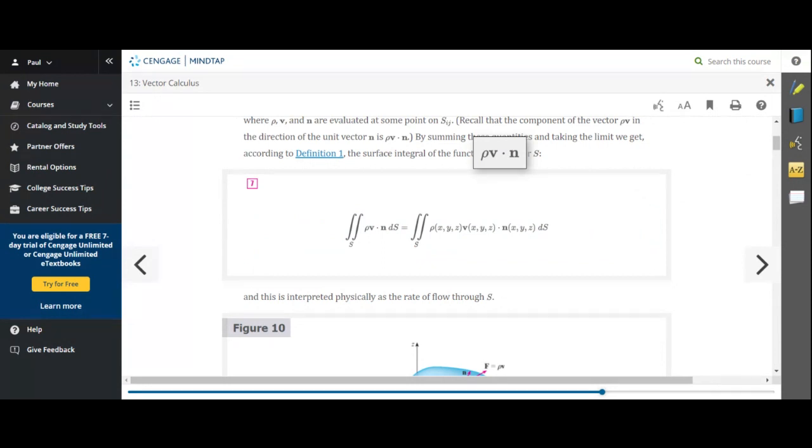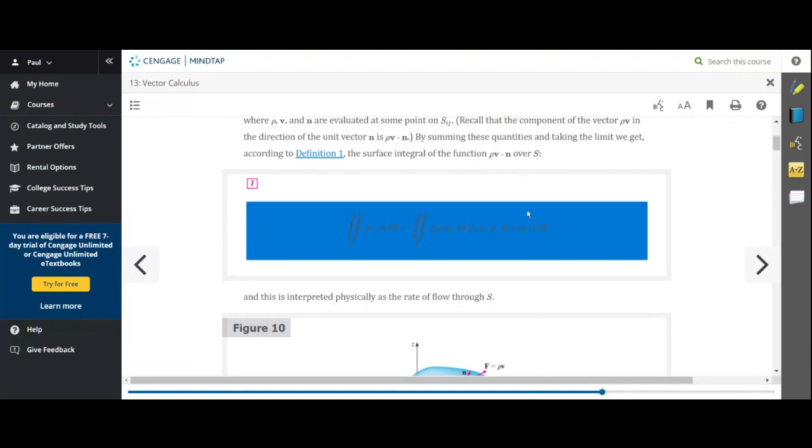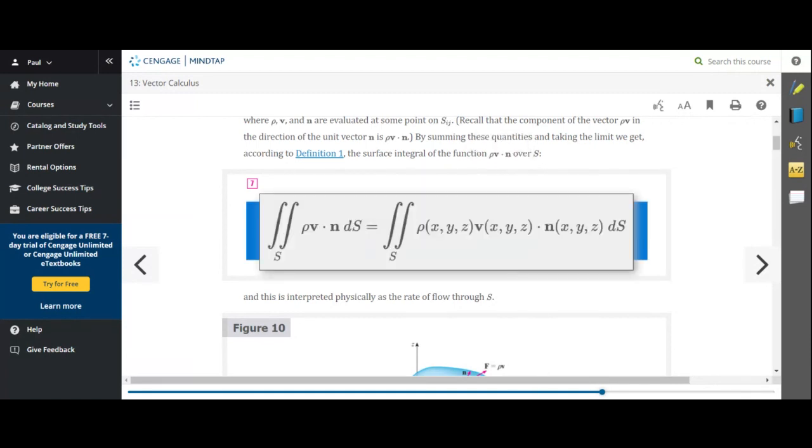So the surface integral of that function over the surface S is given by this surface integral. And the density, the velocity and the normal vector are functions of where you are in three-dimensional space. That's why surface integrals are very, very important.